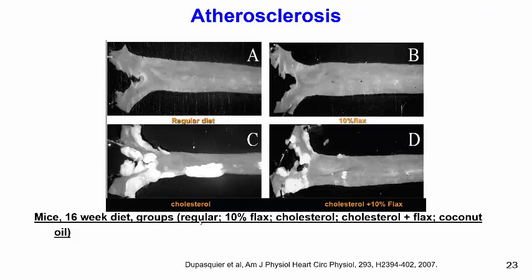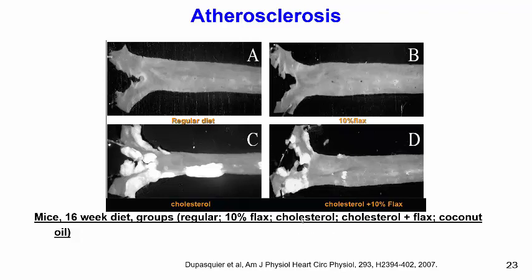So one group of mice were provided a regular diet that is fed to mice. Another group had the diet that was supplemented with 10% flax. And flax is a dietary food that is particularly high in the plant-based omega-3 fatty acids.